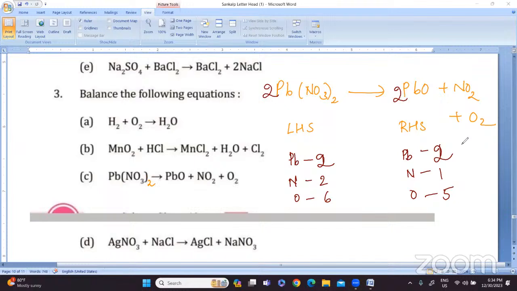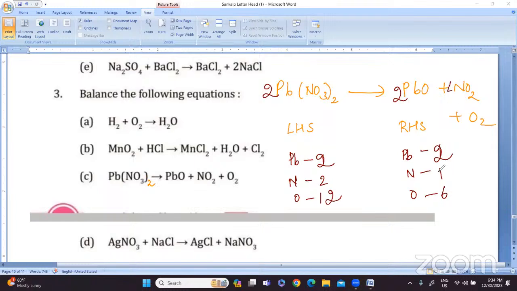Number of oxygen atoms you check. Nitrogen will be 2, oxygen will be 3 2s are 6, 6 2s are 12. So this will be 12 oxygen atoms. How many oxygen atoms? It is 12. Now here Pb is 2, nitrogen is 1 again, oxygen will be 6. Oxygens are 6 here.